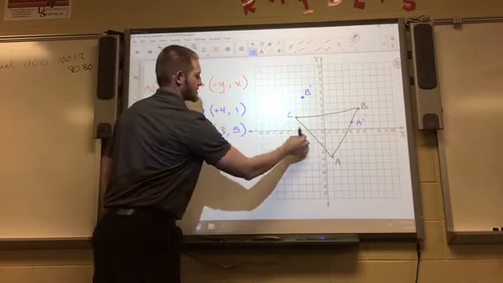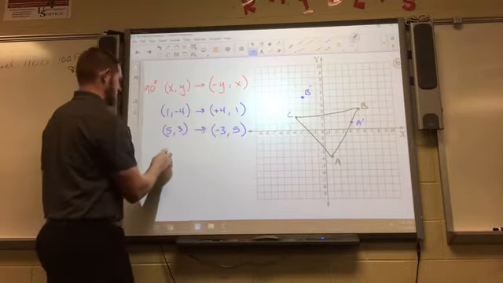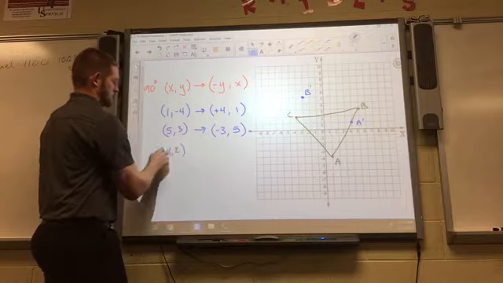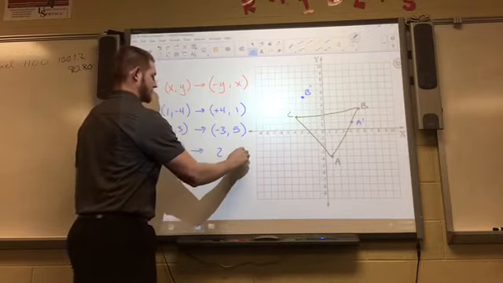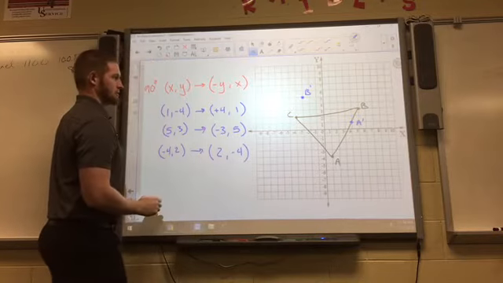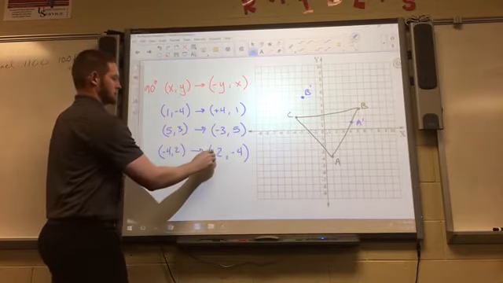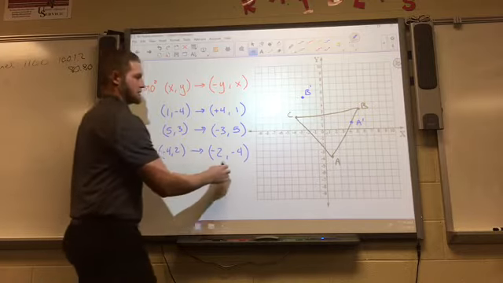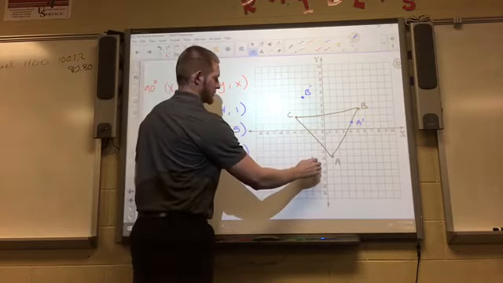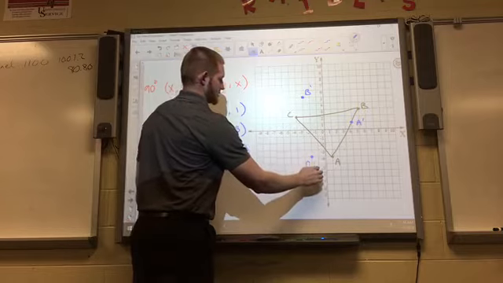And C was at negative 4, 2. So when I flip it, I end up at 2, -4, but I also need to change that sign on my 2. So my new coordinate for C would be -2, -4. And that would be C prime.